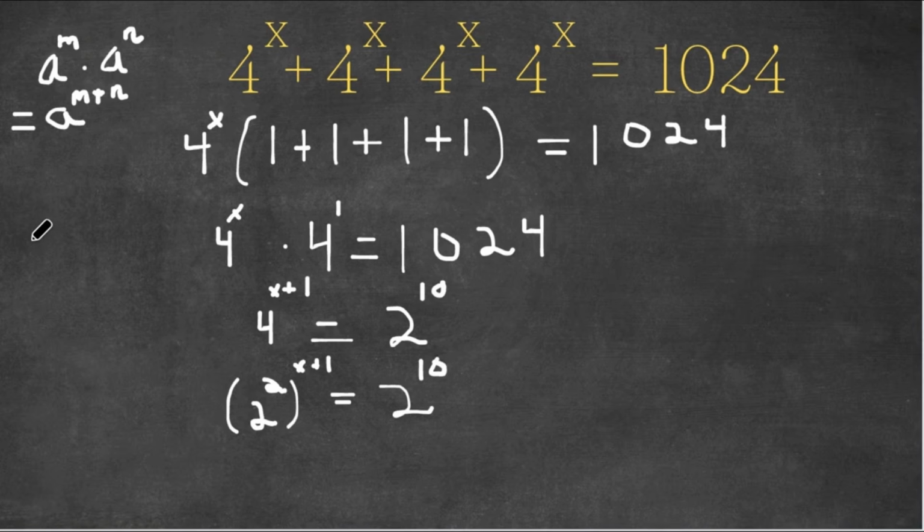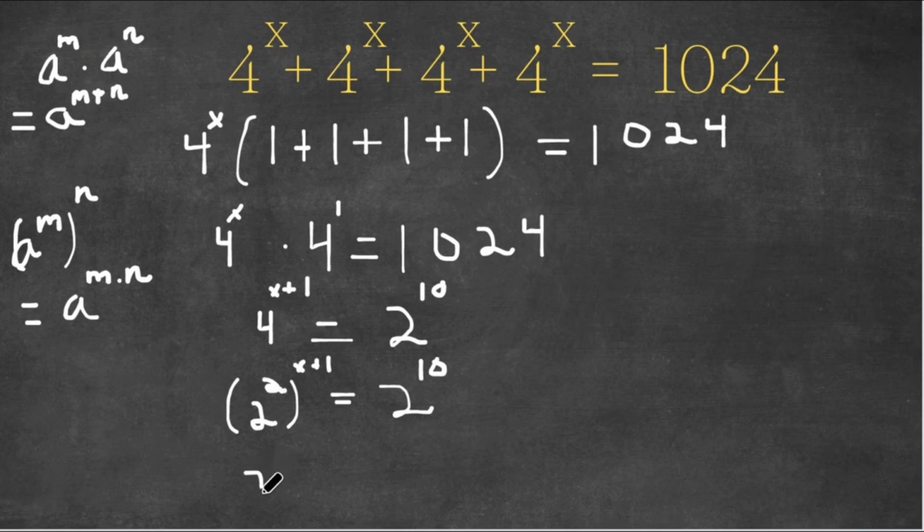Now, if we have an exponent in the form a to the power of m to the power of n, this is actually equal to a to the power of m times n. So we have 2 to the power of 2 to the power of x plus 1, and this is going to equal 2 to the power of 2 times x plus 1 in parentheses. Remember, it's going to be in parentheses.